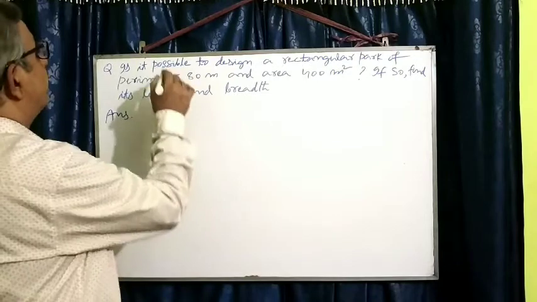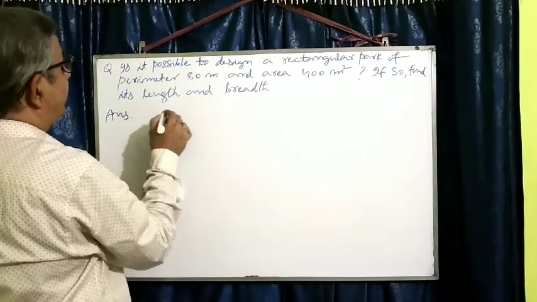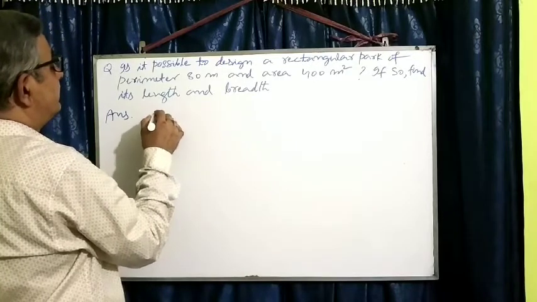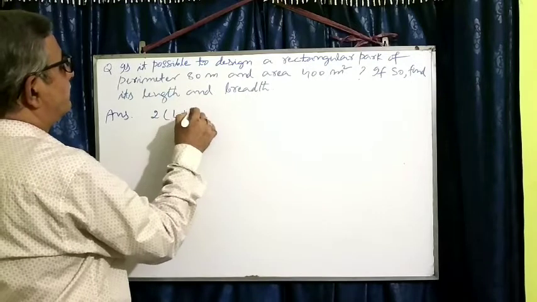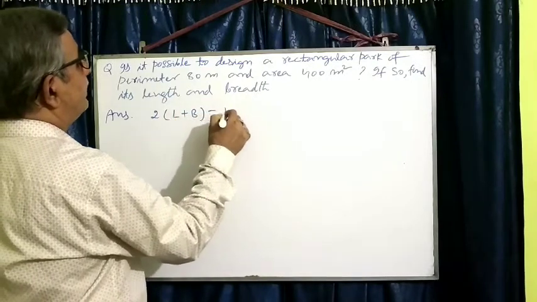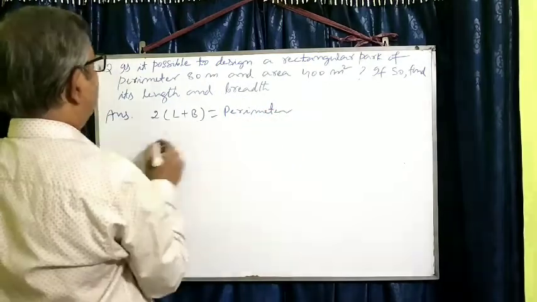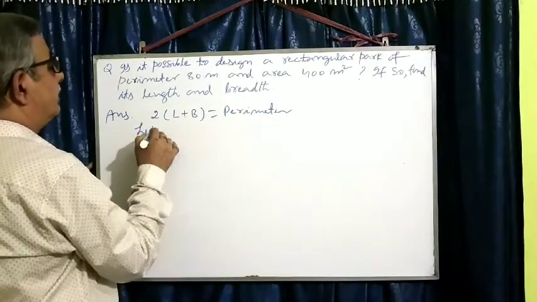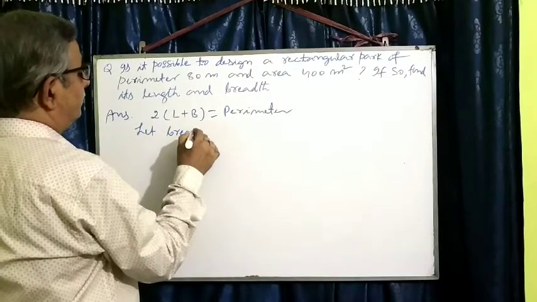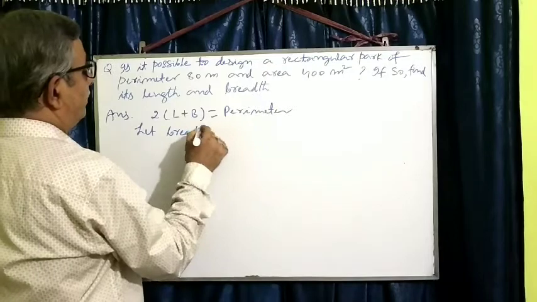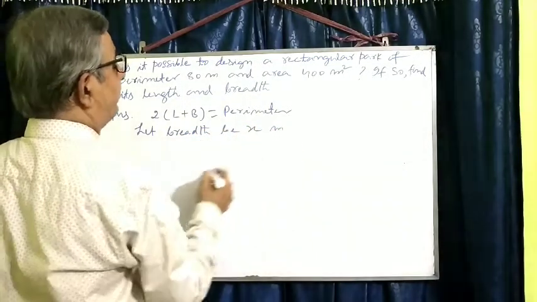Answer. First of all, you know that perimeter is equal to 2 into length plus breadth. Let breadth be x meter.